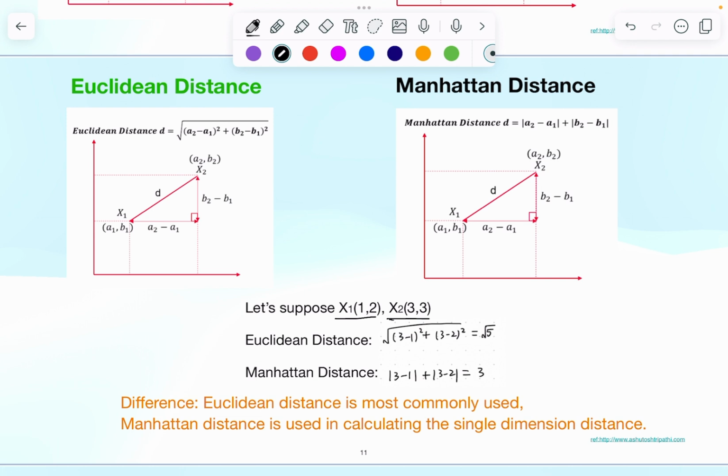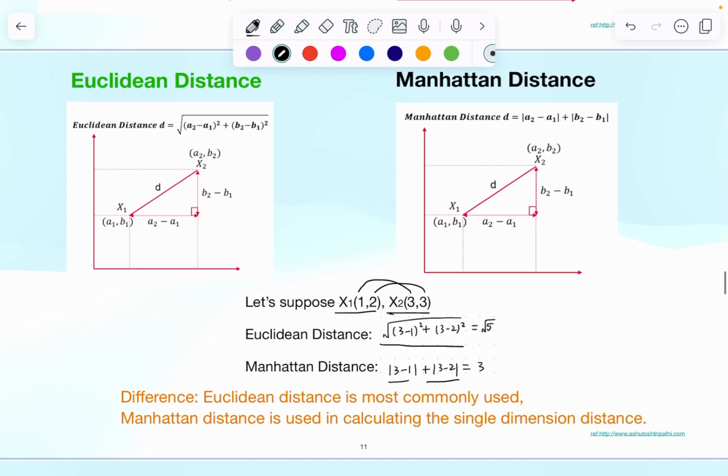We subtract the first dimension and square it, and subtract the second dimension and also square it, then sum them up and take the square root. For the Manhattan, we just sum the absolute value of the difference in each coordinate. Euclidean distance is most commonly used, so we will use this as our example.